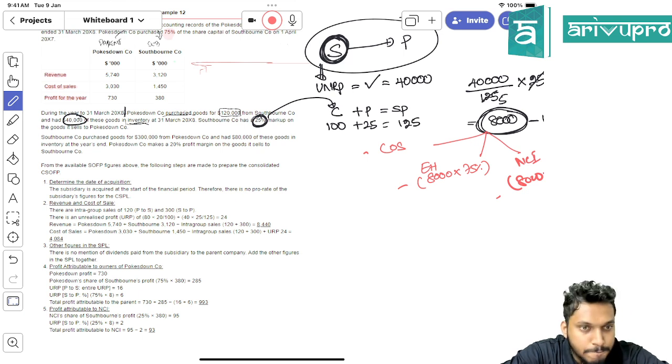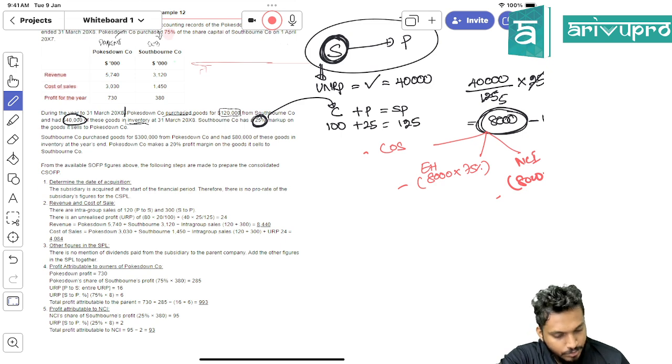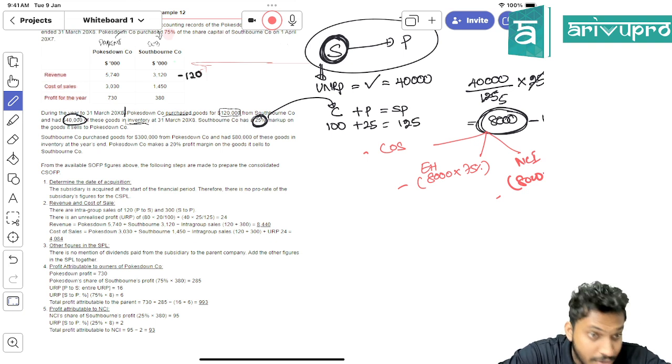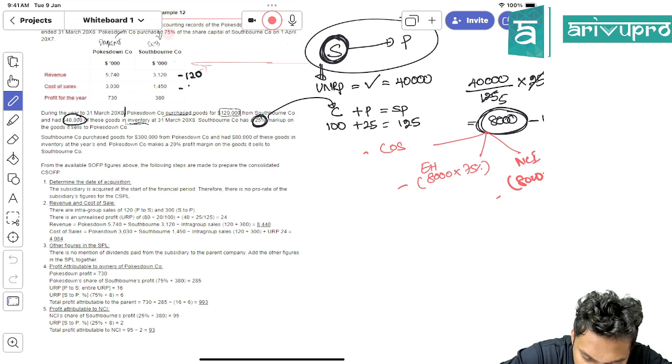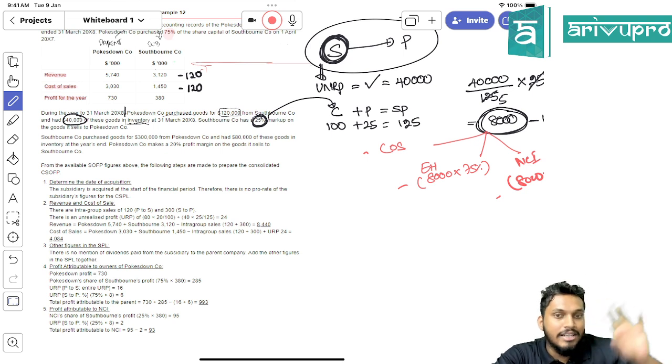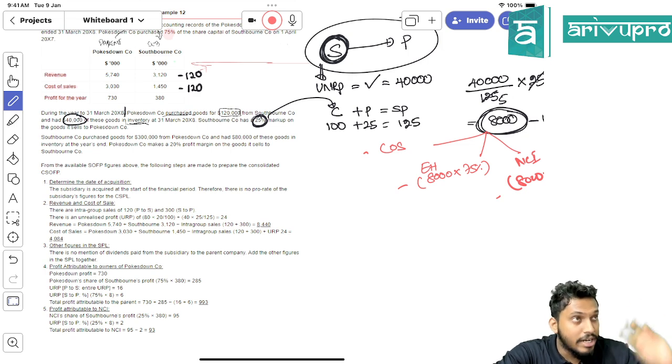In this situation, you need to remove 120,000 from your revenue anyways, and 120,000 from your cost of sales anyways. Whether they pay or not, you need to remove it, because both cash and credit sales between the entities will be recorded in the revenue and cost of sales.